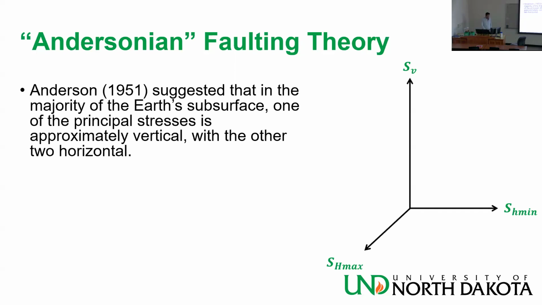So now we have 3 stresses that are basically the vertical one and the 2 horizontal. And the only rule that we have is that the most compressive of the 2 horizontal will be called SH max, uppercase H, and the other one will be called Sh min, lowercase h.